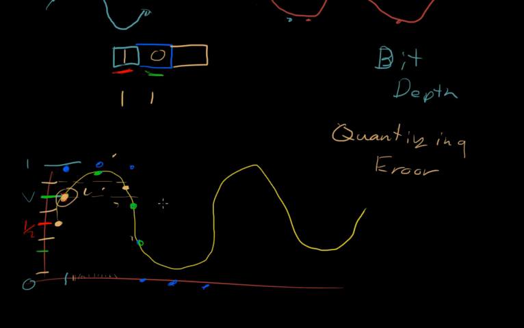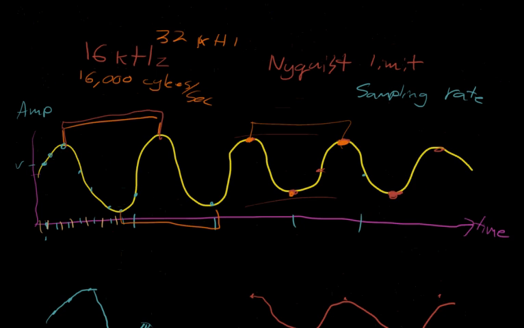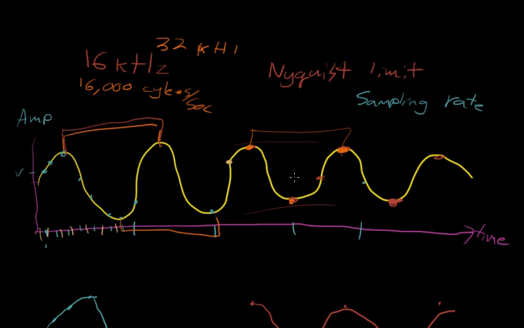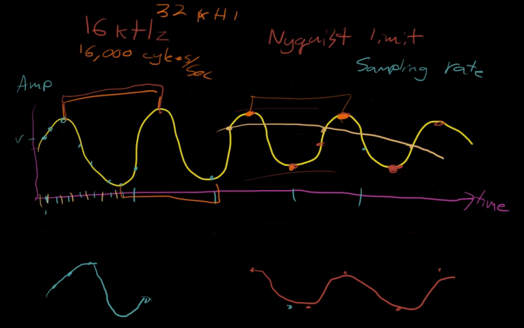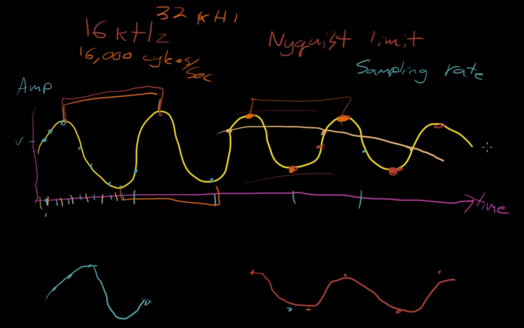And if your dots are exactly on the curve, but you're only collecting once in a while, you're going to get a really dumb curve too. So both of these things are important, and they're the two main ideas of what you need for digitizing an analog signal.